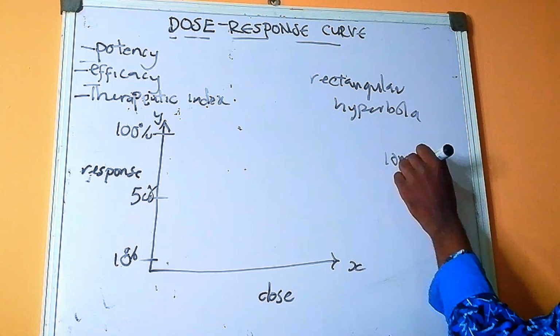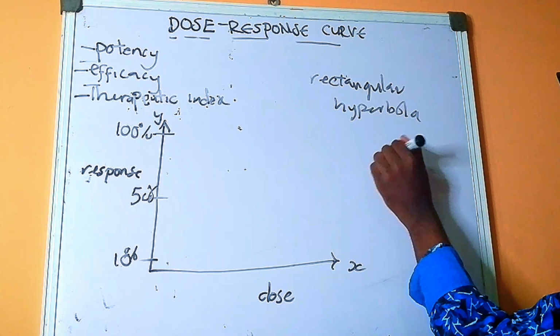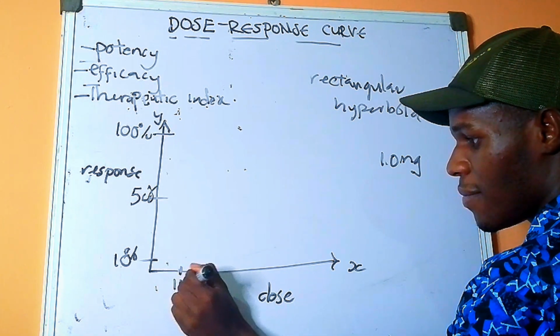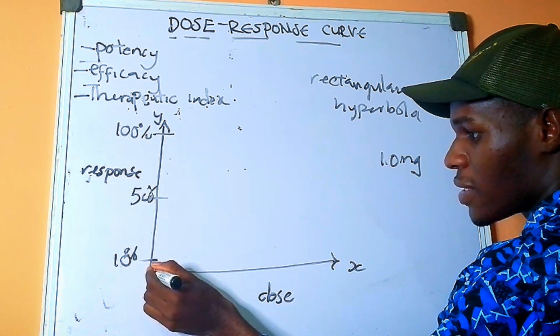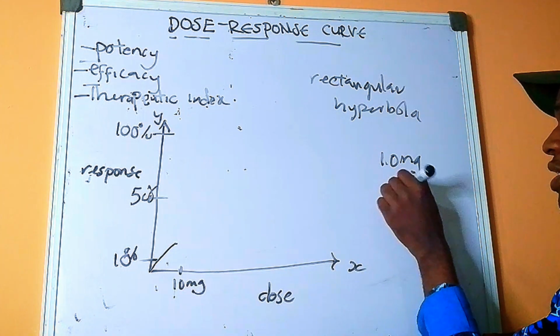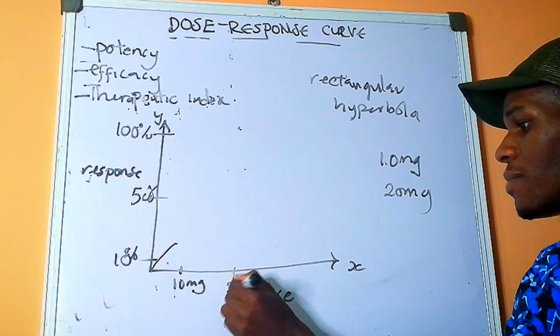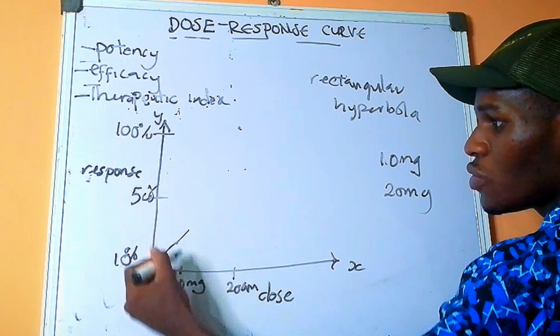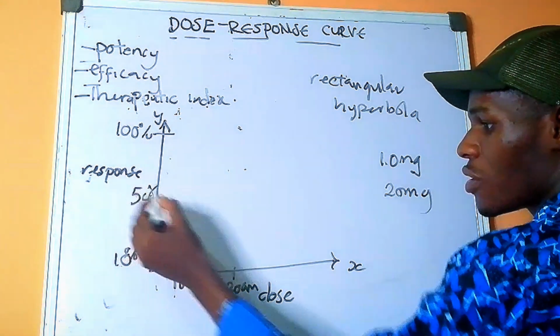Let's say I'm giving 10 milligram of acetaminophen, paracetamol, and I start giving 10 milligram here, right? 10 milligram of paracetamol. I increase my dose to 20 milligram. So I have 20 milligram here. The different response produced by these drugs.